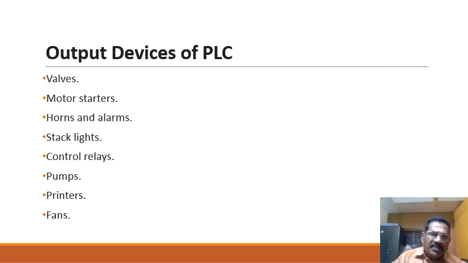In the output devices, just refreshing what we had done last time, we saw the various types of valves, how the PLC operates these kinds of devices, the valves, the motor starters, horns and alarms, stack lights, the control relays, pumps, printers, and fans. These are some of the output devices of a PLC, and we saw this in the last unit.